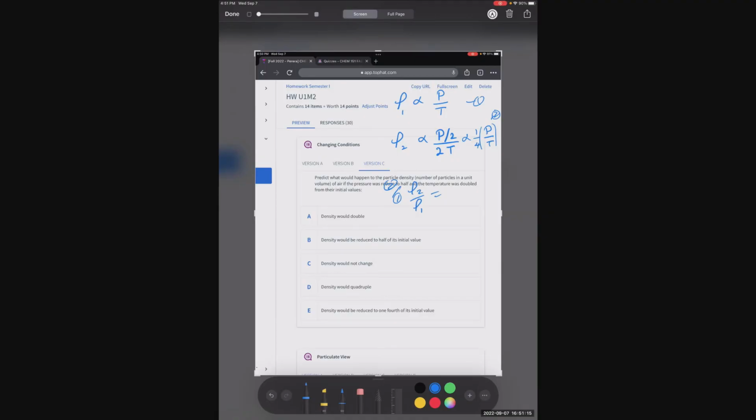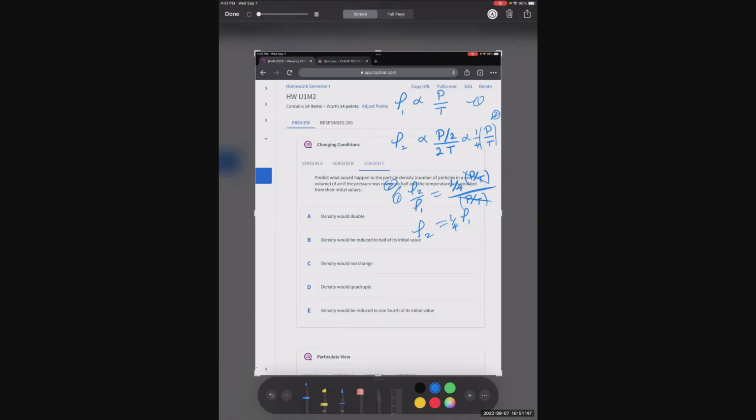Just to make sure everybody's on the same page, here's 1 over 4 P divided by T, this is the rho 2, and then in the denominator we have P divided by T, because that's the initial pressure and temperature. So P over T cancels out, and we're going to get 1 over 4, meaning our second density, or the final density, is 1/4 of the initial density.